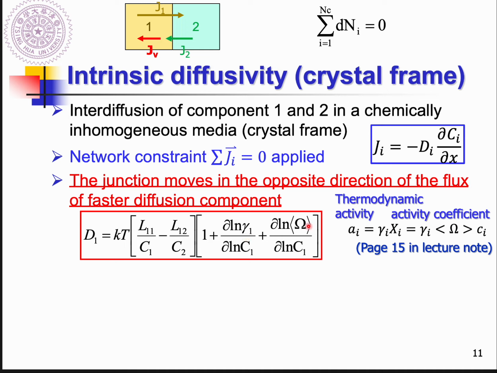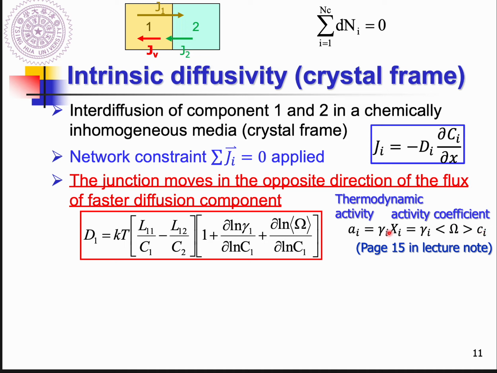In thermodynamics, you learn that gamma is the activity coefficient. So as you learn here, we know the thermodynamic activity A equals gamma times the atomic fraction. And also gamma can be expressed like a concentration times the average atomic volume. So you can get this relationship, right?